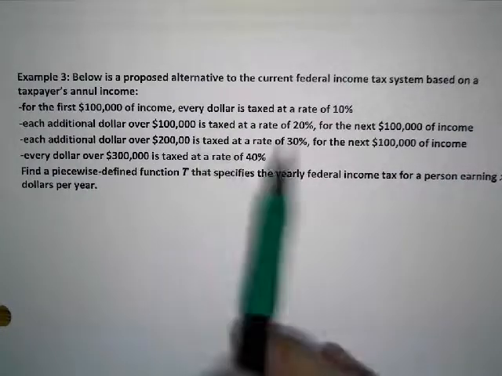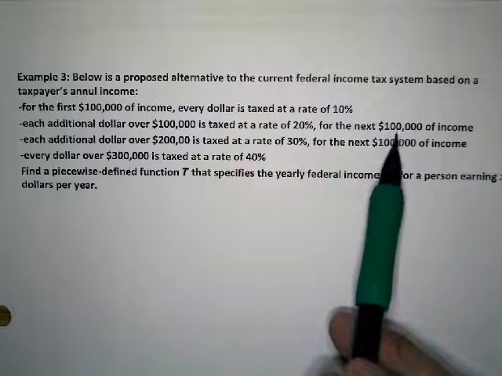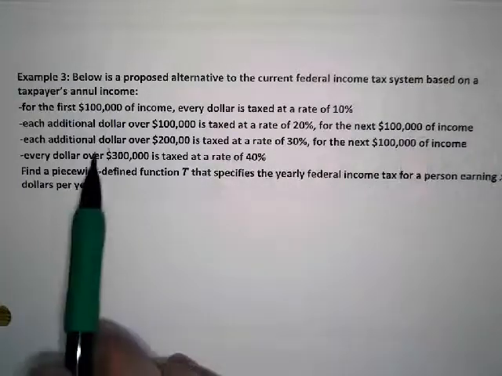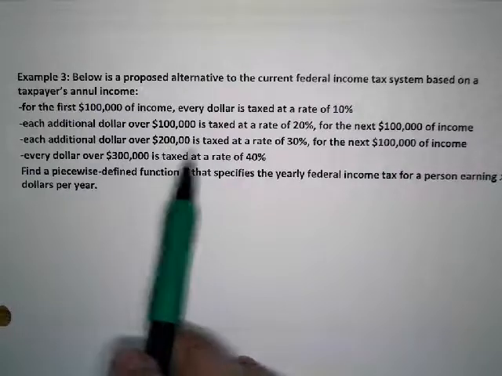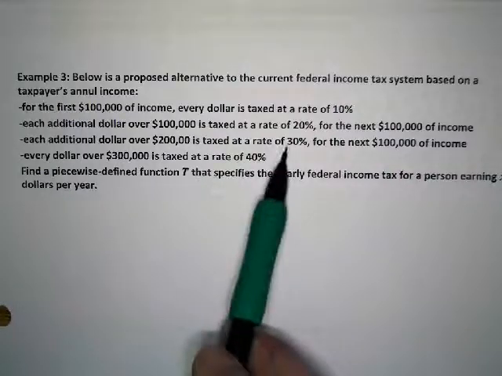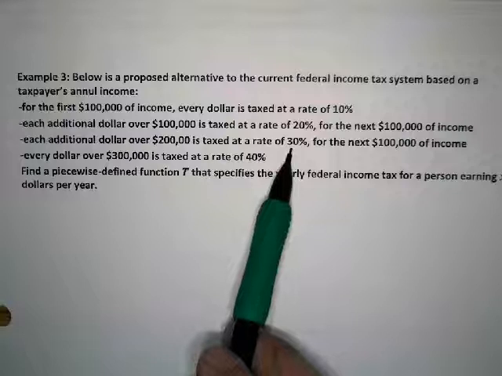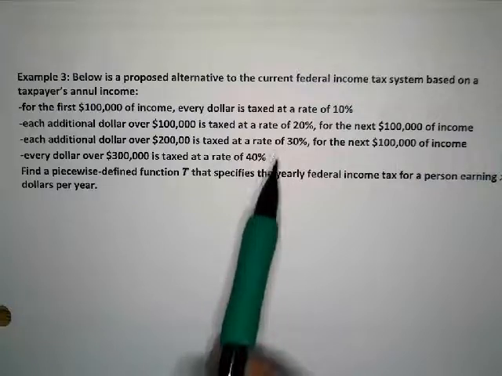And that would be for the next $100,000 of income. Then if they make over $200,000 a year, then the amount that they make over $200,000 would be taxed at 30%. So let's say they make $265,000 a year. The first $100,000 would be taxed at 10%.